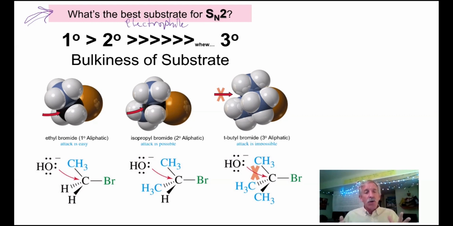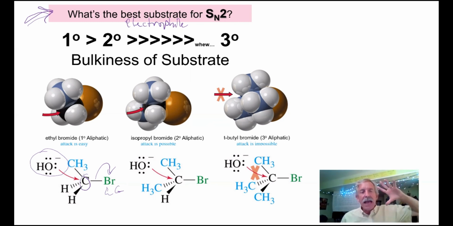Okay, so when we're looking at that, remember this whole mechanism required it to happen in 2 steps. That as the OH minus approaches from the backside of the leaving group, the transition state is some combination of all these in one place around this electrophilic carbon.